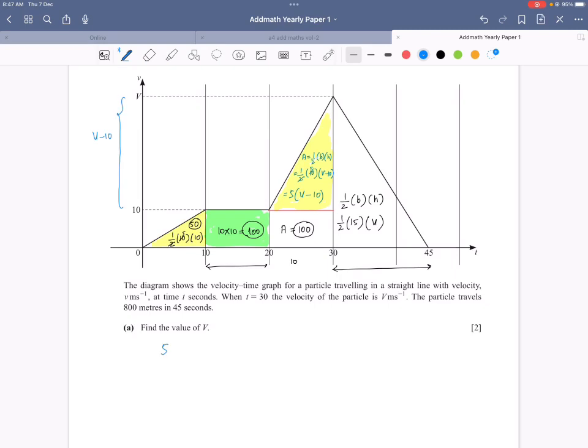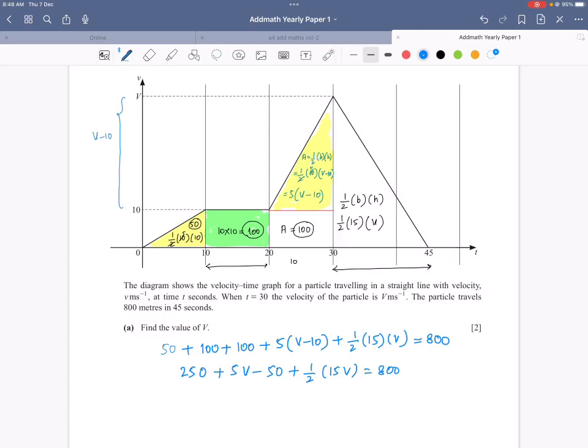So it will be 50 plus 100 plus 100 plus 5 times v minus 10 plus 1 upon 2 times 15v, and the sum of the areas equals 800. Now we need to simplify it. So 100 plus 100 is 200, plus 50, it will be 250 plus 5v minus 50 plus 1 upon 2 times 15v equals 800.